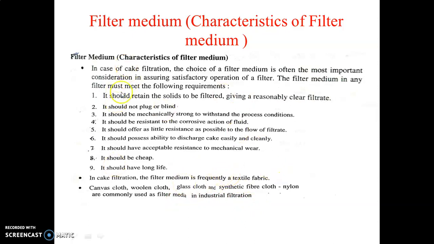Okay. So these are the requirements or characteristics of the filter medium, and these are the examples. So I will show some photos of the filter medium.